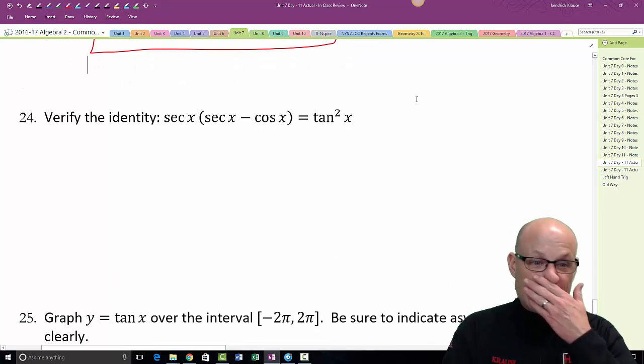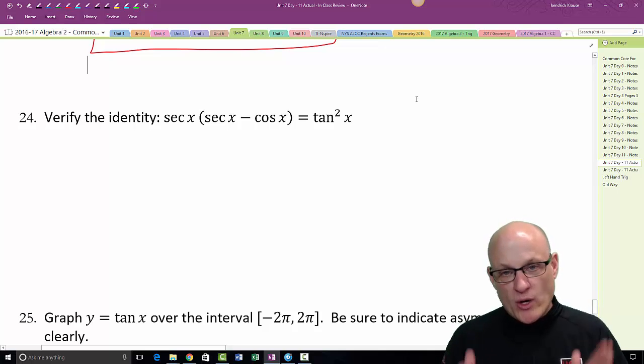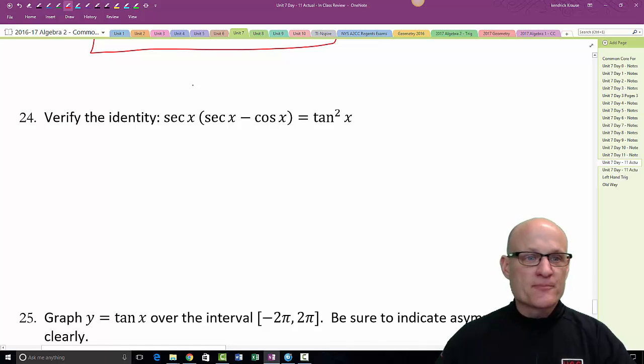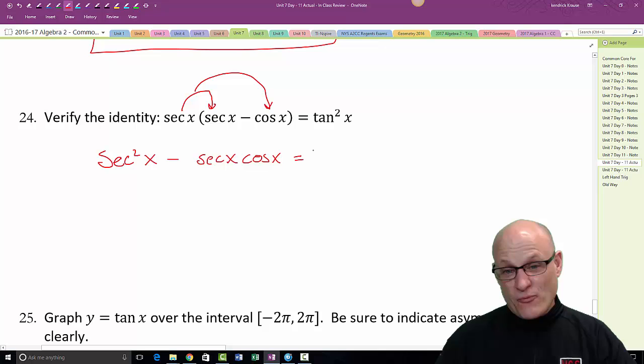All right, verify the identity. Remember, you can only mess with one side. Always mess with the more complicated of the two sides. So I'm just going to distribute this. So this becomes secant squared x minus secant x cosine x, and we want that to end up being hopefully tangent squared x.